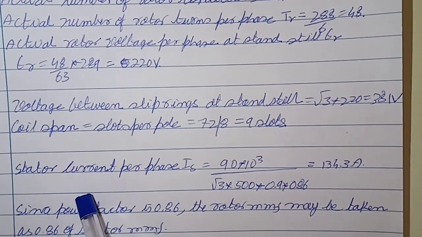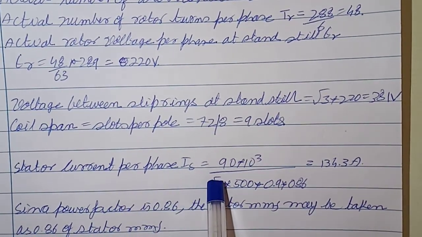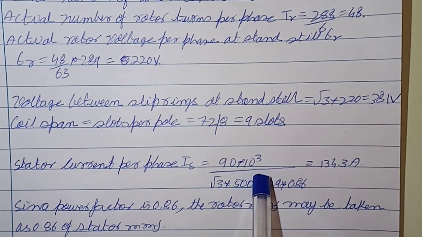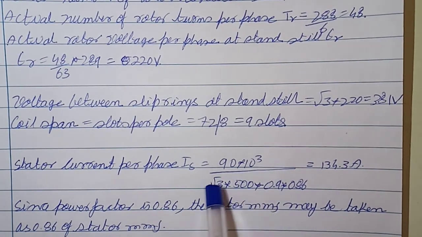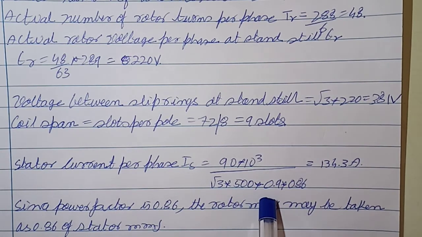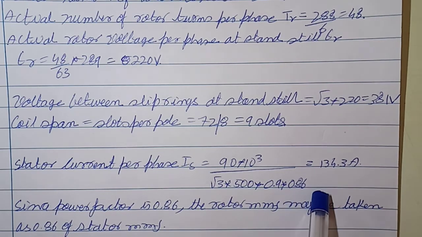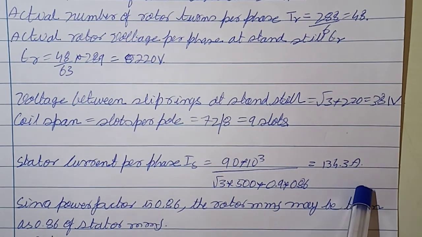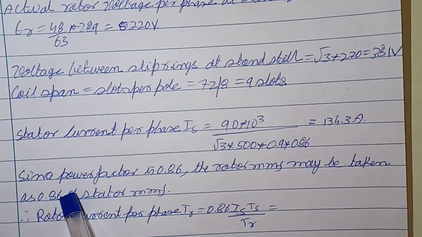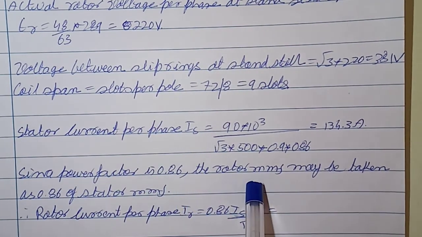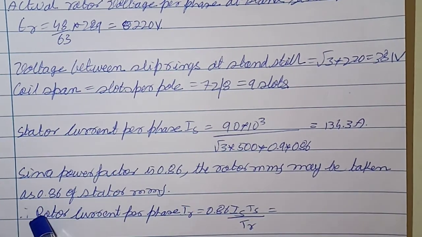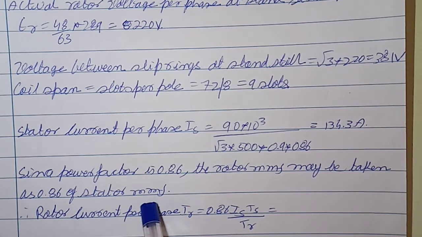So stator current per phase I_S is 90 into 10 raised to 3, that is 90 kilowatt, divided by root 3 into voltage into efficiency of 0.9 and power factor of 0.86. Okay, so which is 134.3 ampere. Since the power factor is 0.86, the rotor MMF may be taken as 0.86 times the stator MMF.